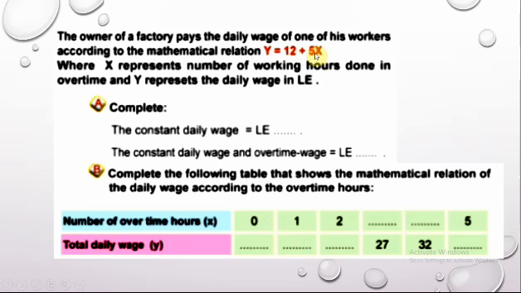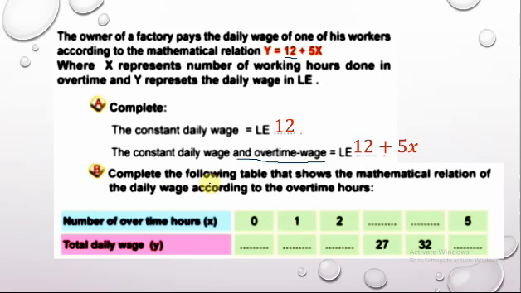Here we have variables and constants. The constant daily wage equals what? It equals the constant in the mathematical relation, which is 12. For the constant daily wage and overtime wages, we need the whole relation between the constant and the working hours done in overtime, which is 12 plus 5X.